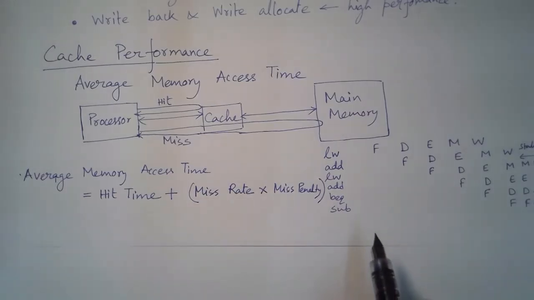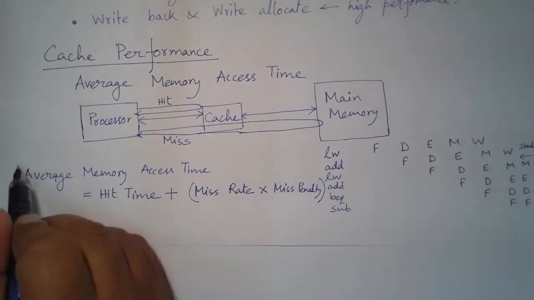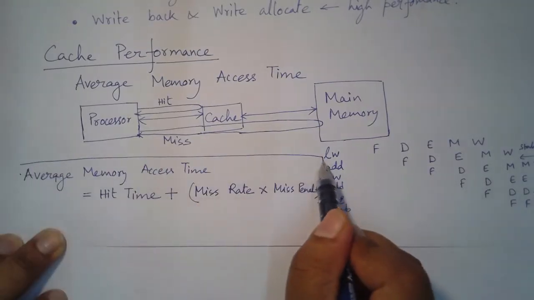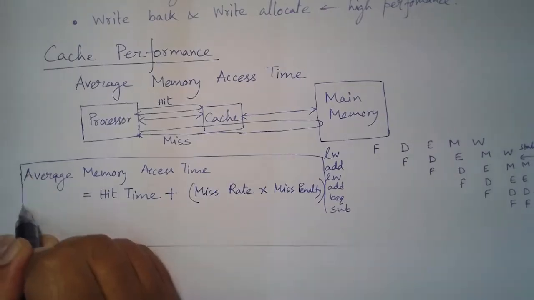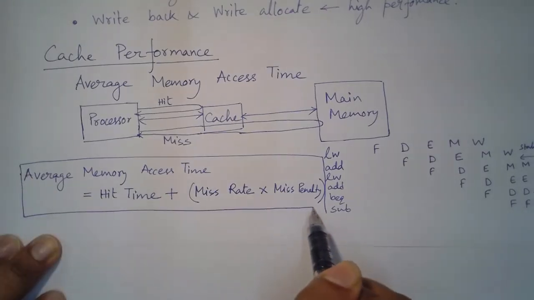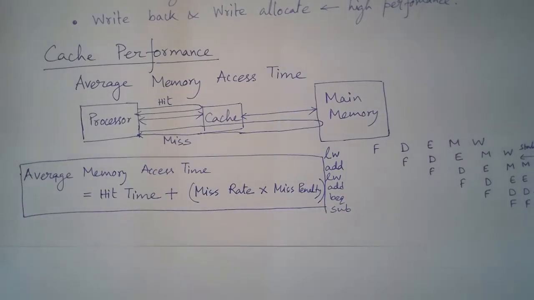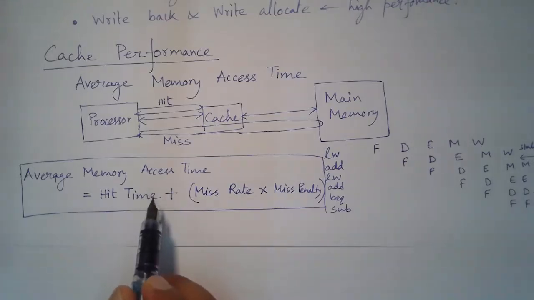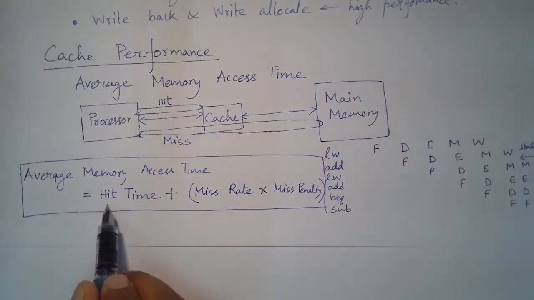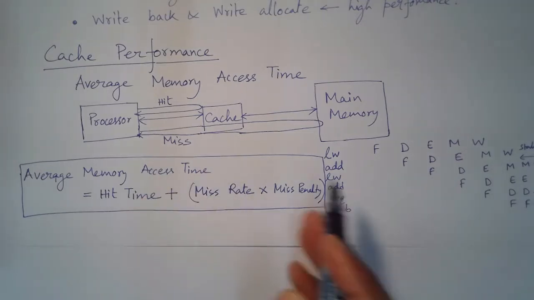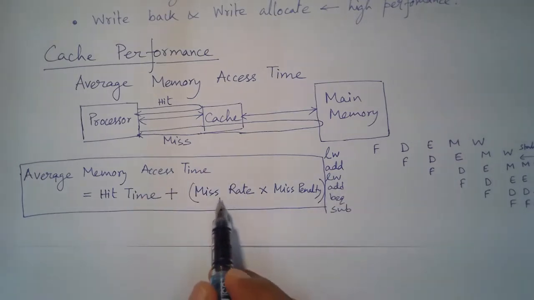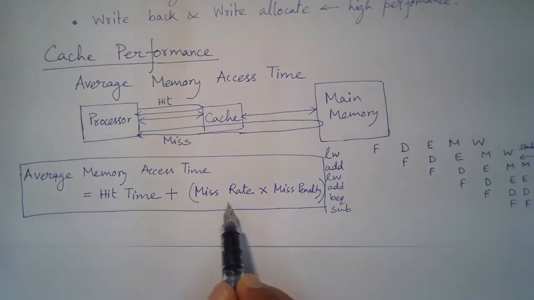All right. So this is important to calculate how well your cache works. What we have understood is that we need a fixed amount of time to check whether the data is available in cache or not. If the data is available, you don't have to consider anything else, because for 90% of the cases this will be the situation.